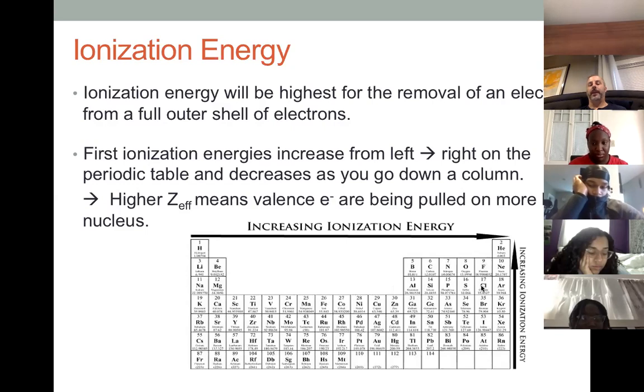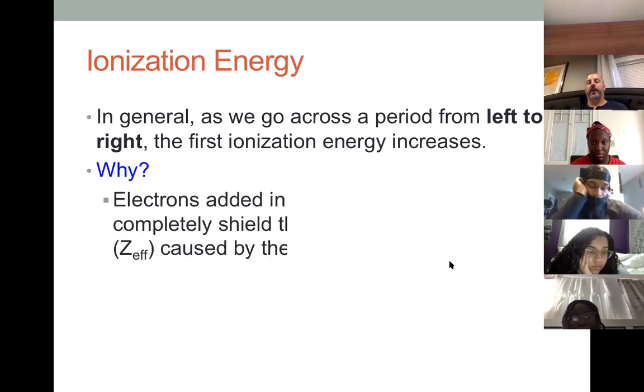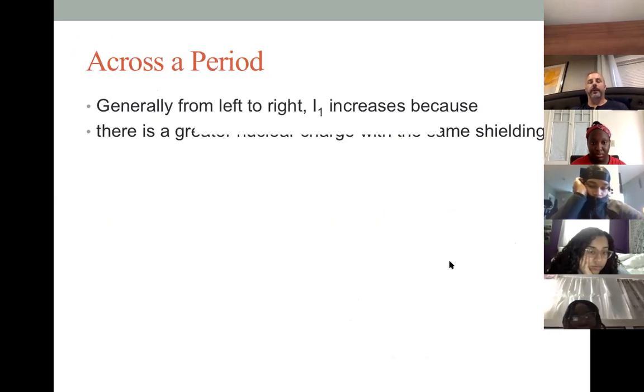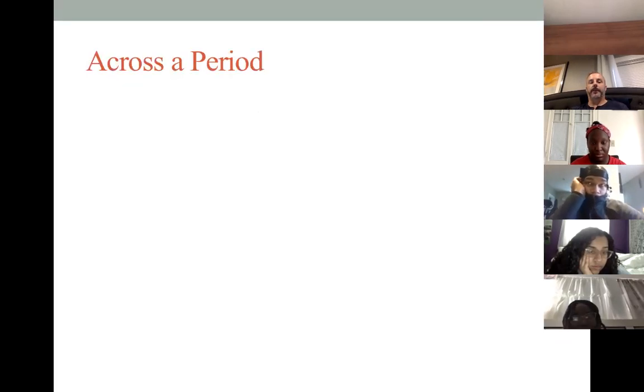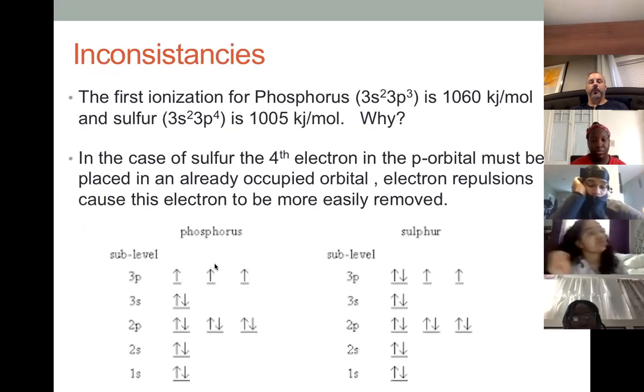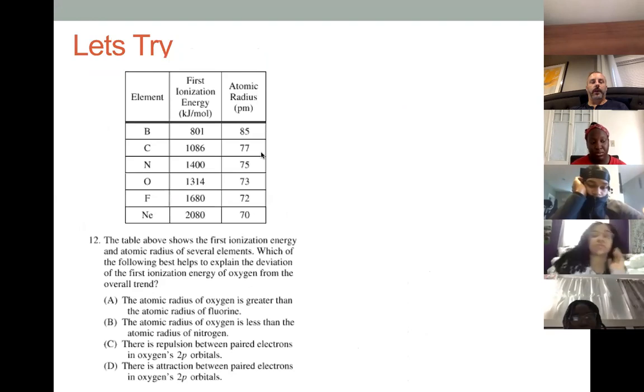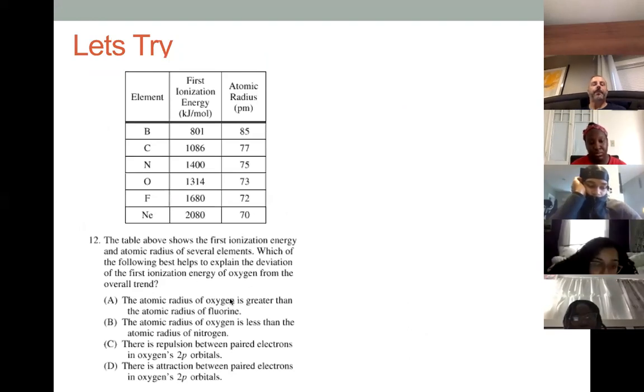Small dip, increase, increase. So it's a little bit weird. The book does a pretty good job of explaining it. It's just about those valence electrons and how they're being shared in an orbital together.